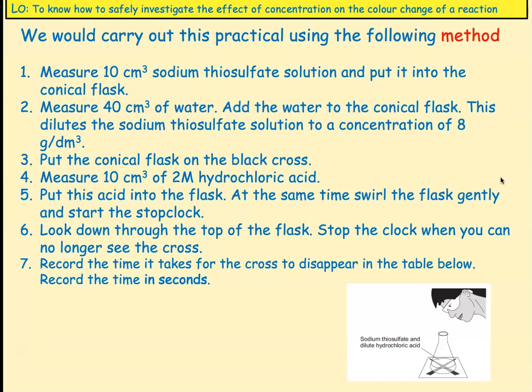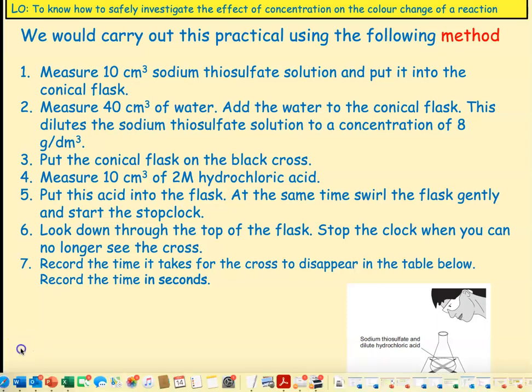Look down the top of the flask and stop the clock when you can no longer see the cross. Record that time. Repeat it if you have time to make sure that your results are repeatable. And then you're going to change the concentration after that. Okay, so pause the video now and read that through again.